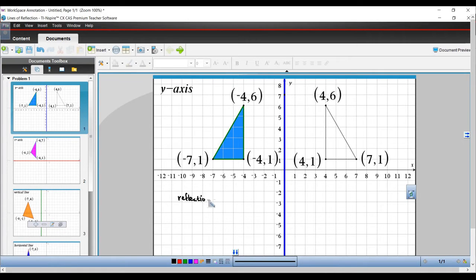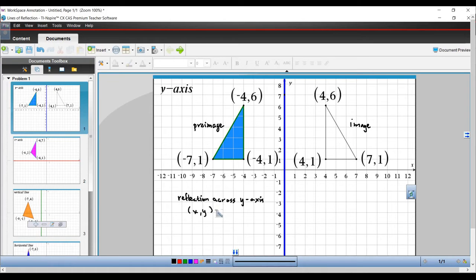All right, so what we have here is a reflection, right? And you can reflect over any line. This is a reflection across the y-axis. And when you reflect over the y-axis, this is how we write our rule here. We say for any ordered pair x, y, again, this right here is our pre-image, and this over here is our image.